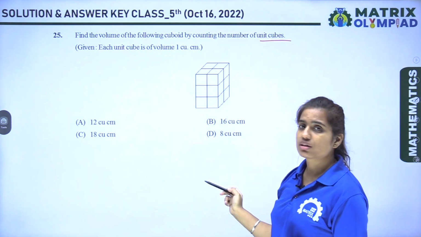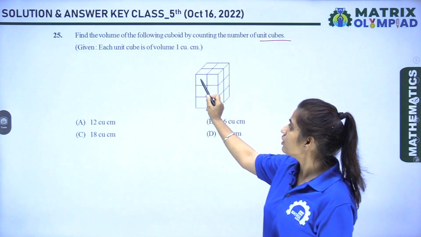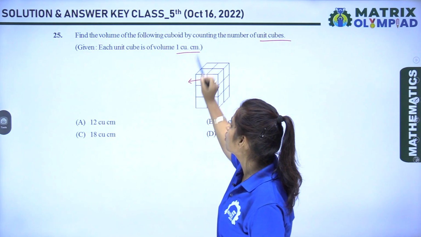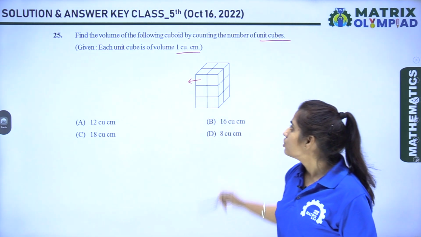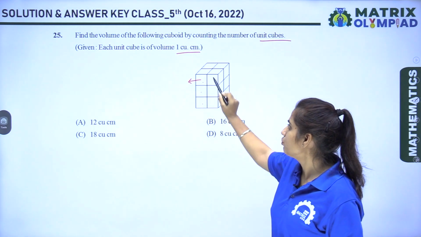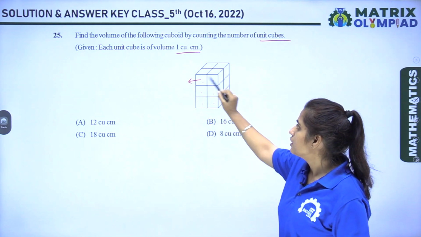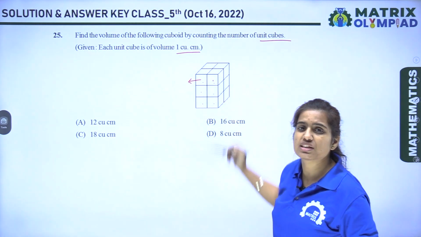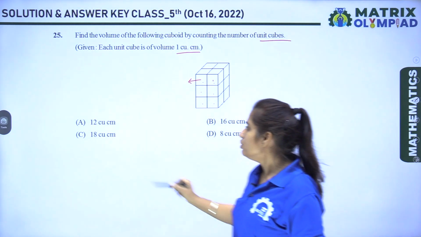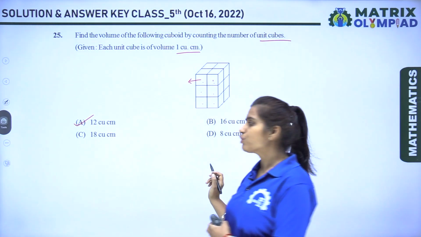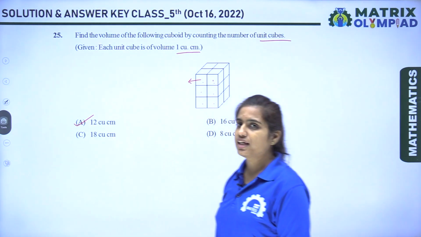We are given the volume of one single cube, that is 1 cubic centimeter. Let's count how many cubes there are. 1, 2, 3, 4, 5, 6. 6 cubes are in the front and 6 cubes are in the back. So 6 plus 6 is 12. So here in this 25th question, option A is the correct answer.